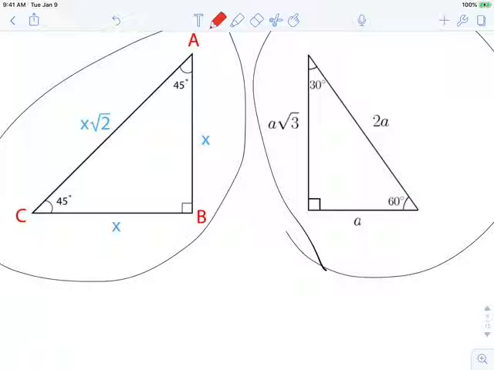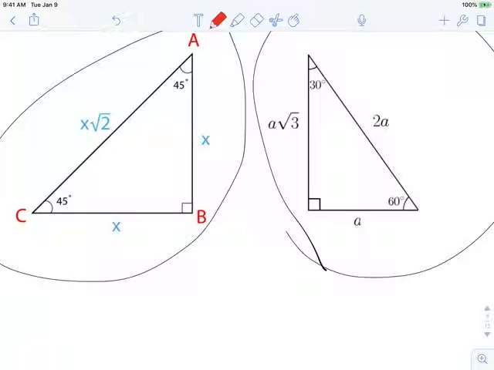And I wrote an easy way to remember this on the board. For the 45, 45, 90, the only thing you need to remember is that the hypotenuse is square root of 2 times a leg. Square root of 2 times a leg for the hypotenuse, 45, 45, 90. For a 30, 60, 90, well, you're given the shortest side is a.